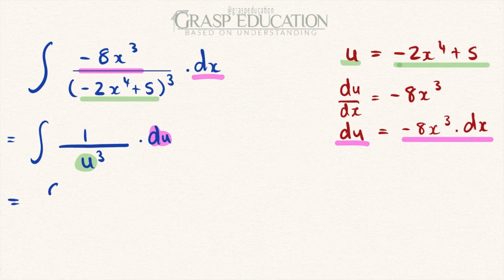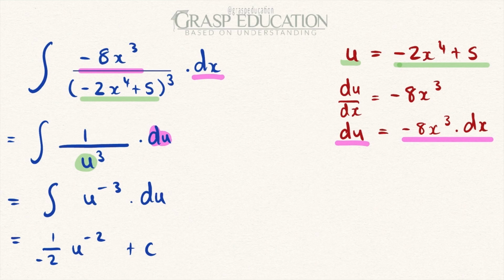From there, I want to simplify my integral in order to integrate, and that would give me 1 over 2 negative u to the power minus 2 plus c. All I have to do now is replace u with what I set u as in the beginning, and that is minus 2x to the power 4 plus 5.